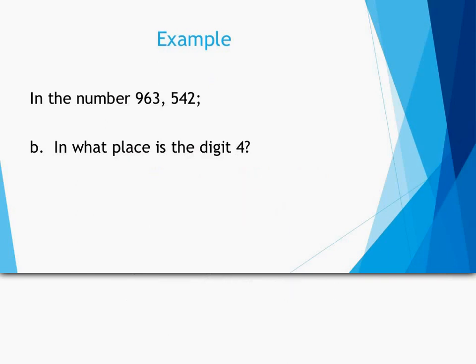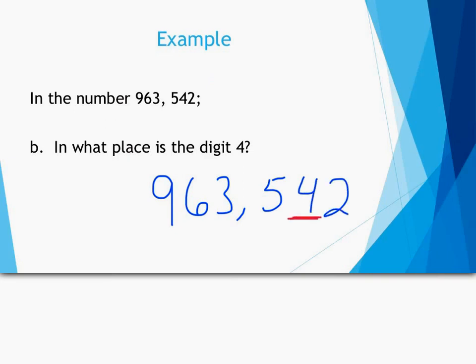Another example. Same number, but looking at the digit 4. So again, 963,542. We're looking at the 4.